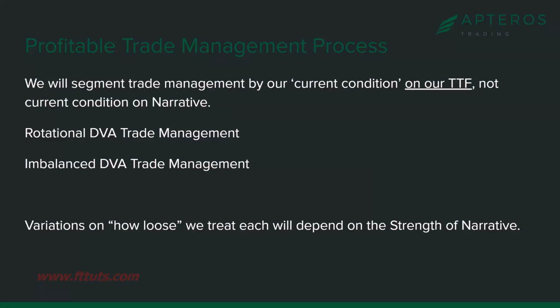So how do we manage winners? We're going to segment based on whether DVA is rotational or DVA is imbalanced. Now, there's going to be variations on how we apply these trade management schemes depending on the strength of the narrative. Really strong narrative will give the trade more breathing room. Not as good of narrative, maybe a bit of a shorter leash on that trade. Basic stuff, but we're actually going to give you some real process, just like we are for everything, for managing winners.